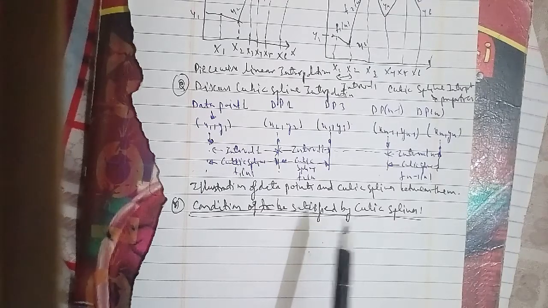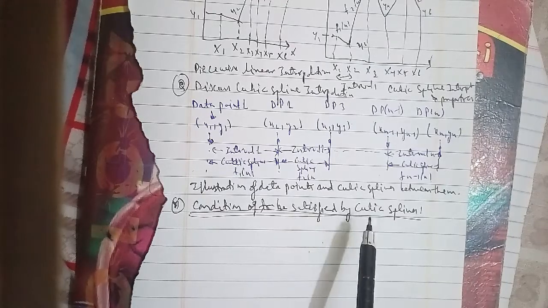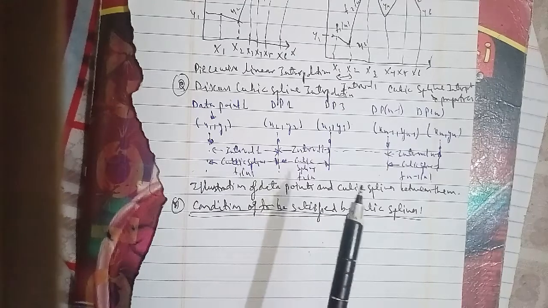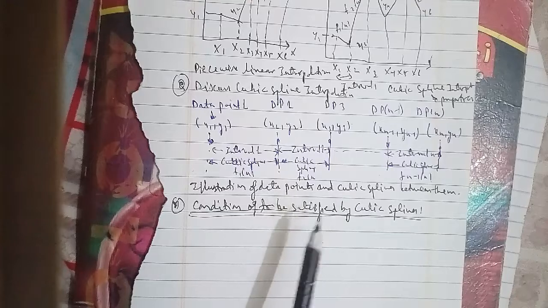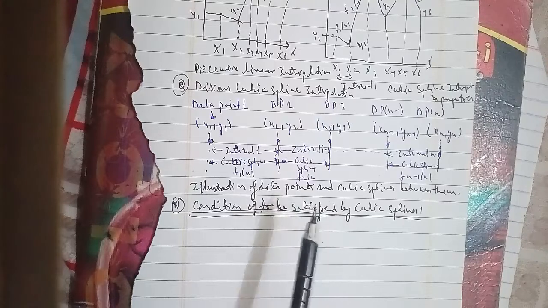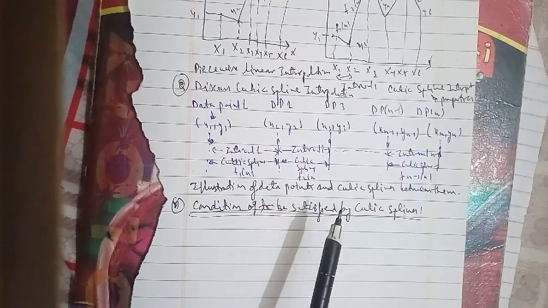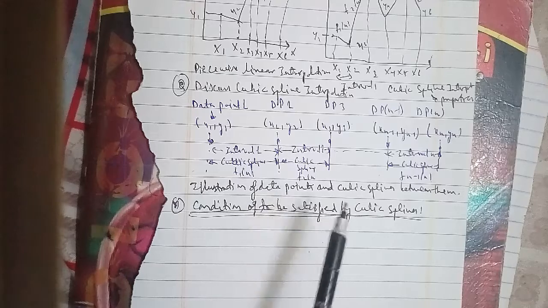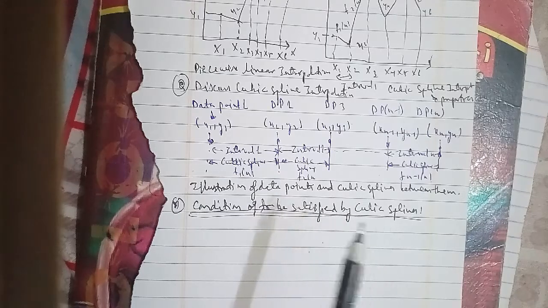Now we'll talk about the properties of the cubic spline. At the ith data point, the cubic spline gives the values y equals yi and x equals xi.